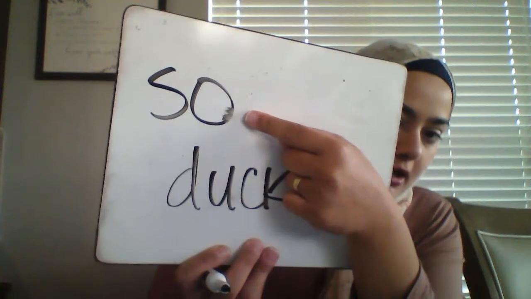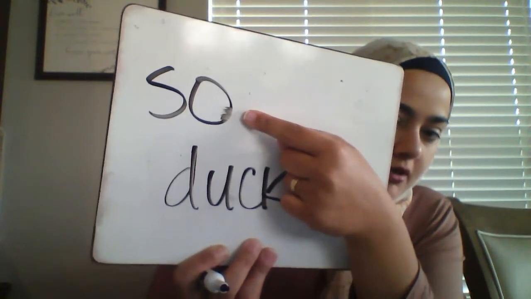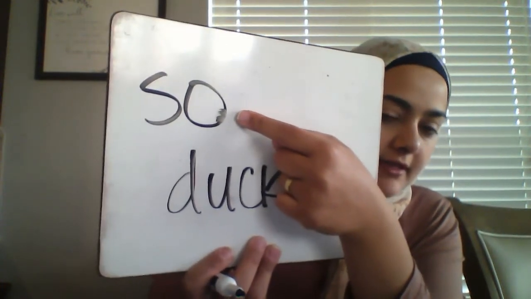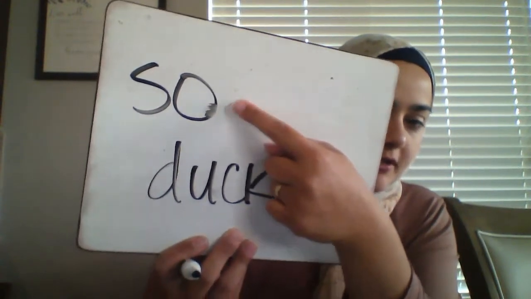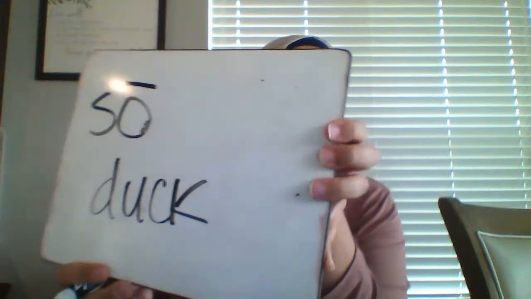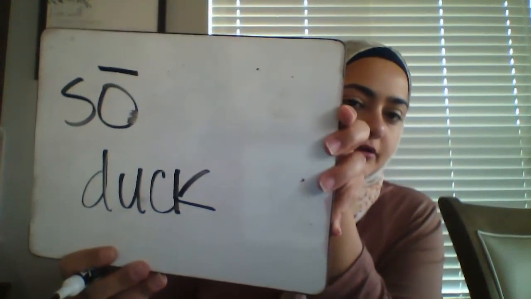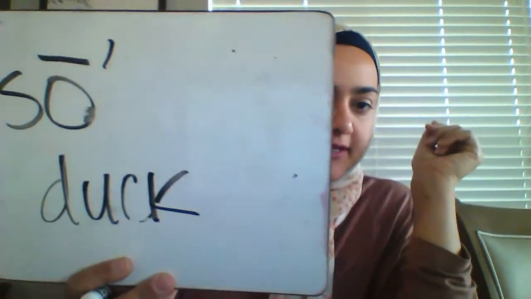When I say so, is the O long or short? It's long. It says O. It says its name. So if the vowel is long, we code it with a macron. Very good. With a macron. And where does the accent go? So. At the end, it's longer, stronger, and louder. So it should look like this.